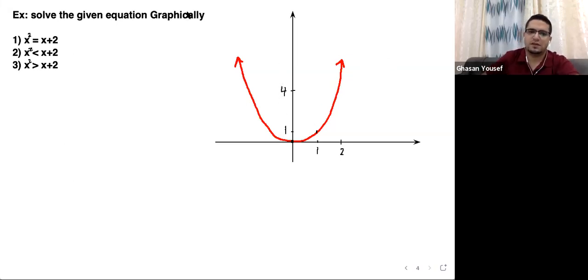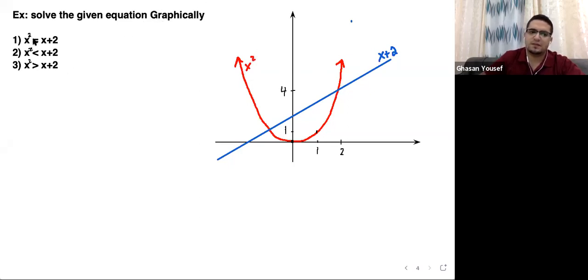The line for the second function is like this. This is the function x plus 2. But the red one is x squared.